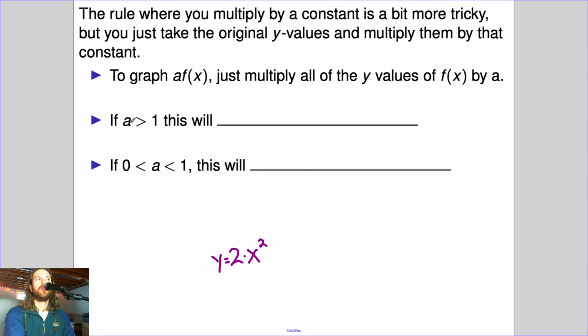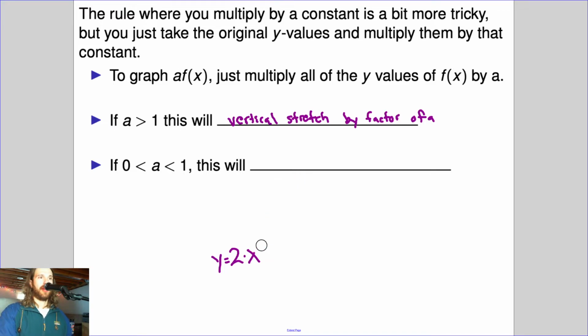So when you multiply by something that's bigger than 1, this results in a vertical stretch by a factor of a. So if it's 3, we triple the heights. If it's 2, you double the heights of all the points relative to the x-axis. If they're below the x-axis, then you double the distance in the opposite direction, right?